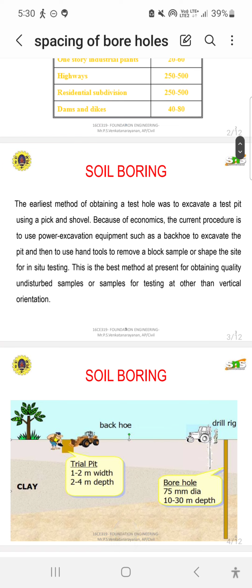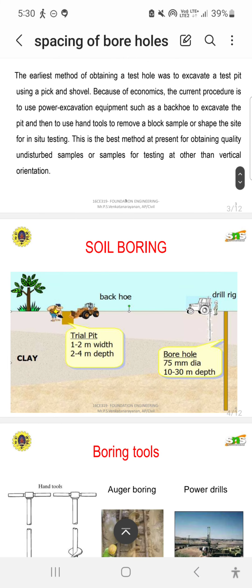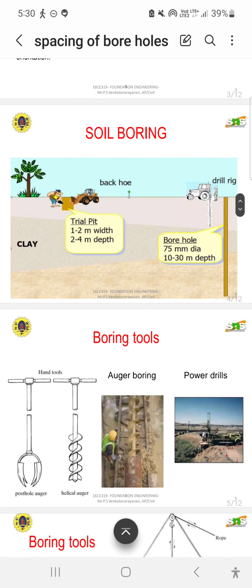Then we chose the best method for our undisturbed samples, considering undisturbed samples other than vertical variation. Then we saw the borehole diameter and depth of foundation to excavate the pit using hand tools. Then we have some different hand tools for construction techniques.